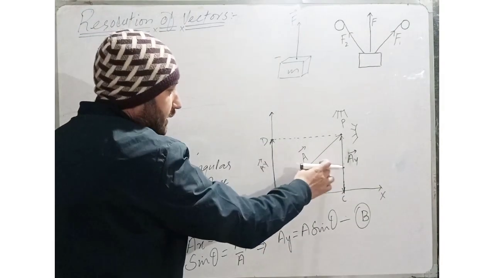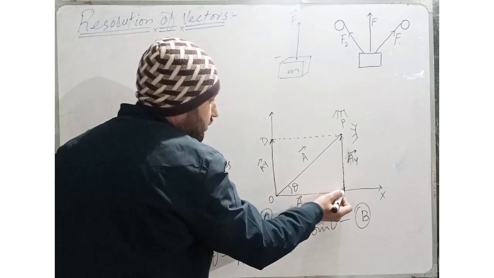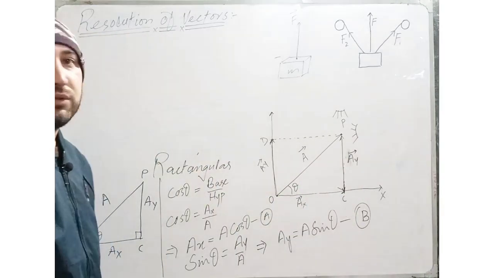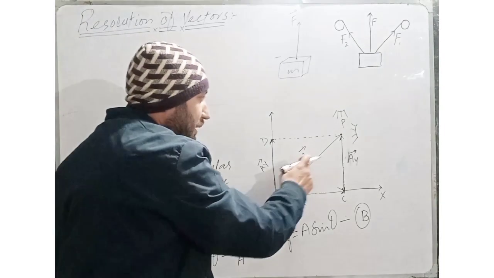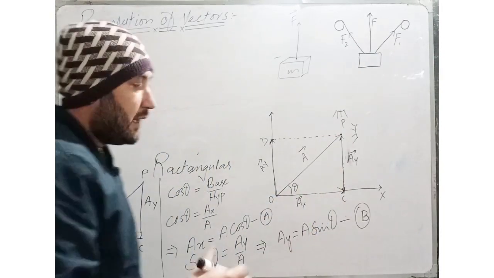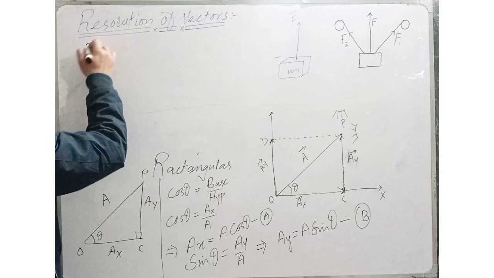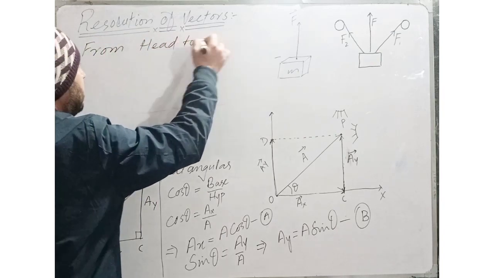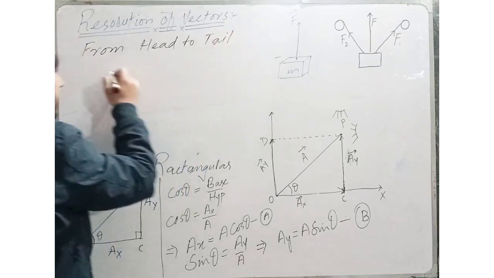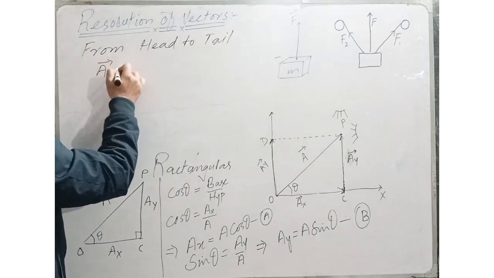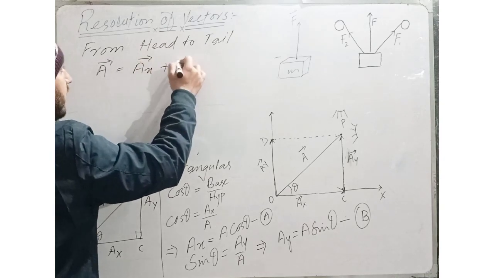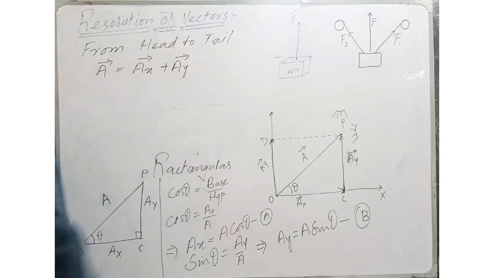As you can see over here, these two components are being added according to the head to tail rule, right? So this is actually the resultant of these two vectors. So from the head to tail rule we can write vector A is equal to ax plus ay, right?